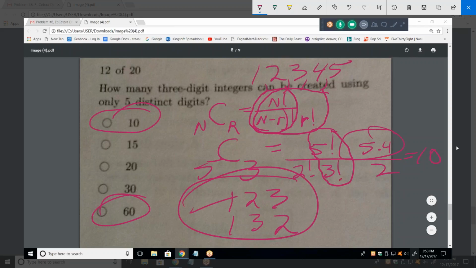So if it were a permutation, it would come out to 120, right? I think 60. We would have 5 factorial over 2 factorial. In other words, it's just this part here. And 5 factorial over 2 factorial is 5 times 4 times 3, which is 60.